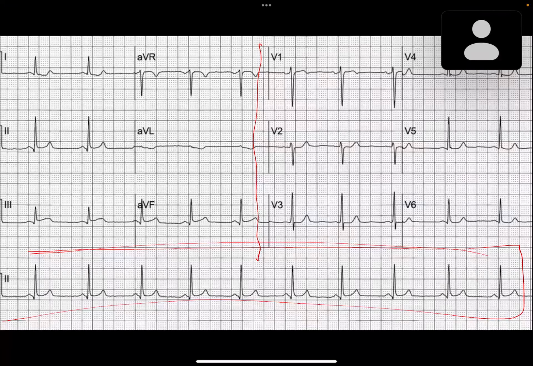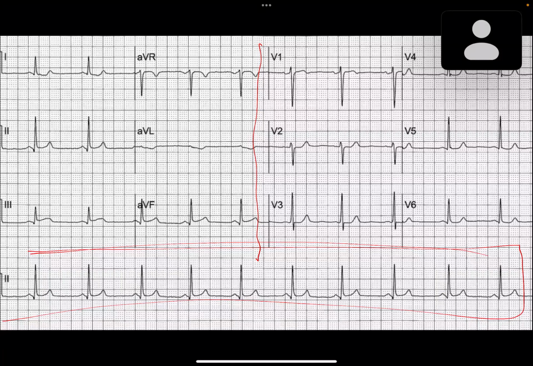What does this remind you of? 2 and 3, and there was a third lead. If all of them come together, they're going to tell us that there is an infarction. 2, 3, and what lead? It's okay if you don't remember, because it's a bit hard to remember.